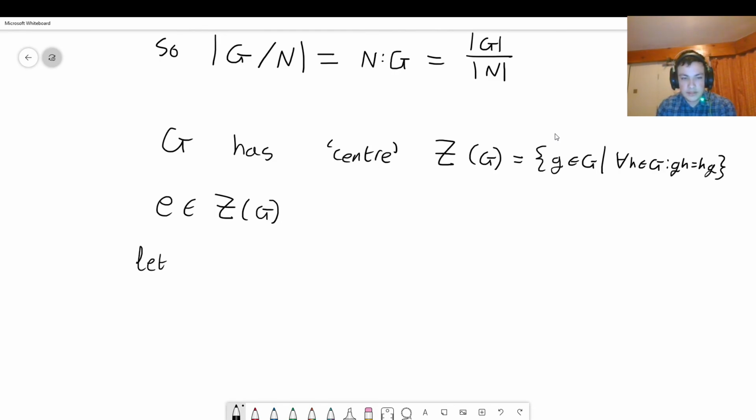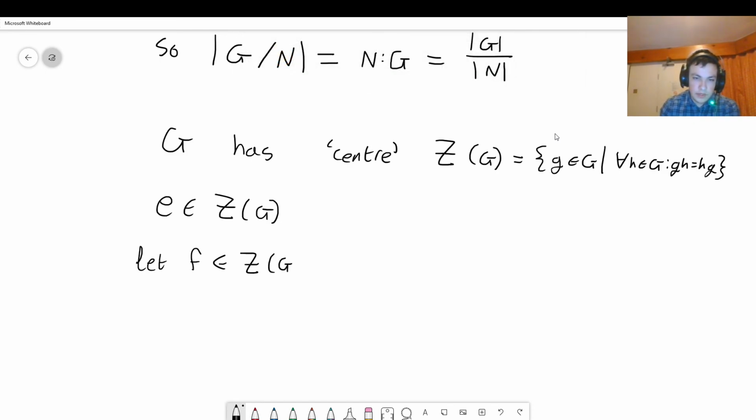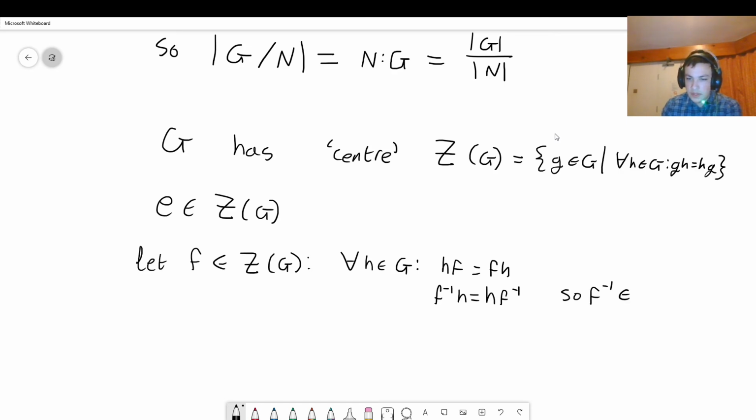So if we let f be in Z(G), then for all h in G, we have that hf equals fh. If we now pre and post multiply by f inverse, we find that f inverse h is h f inverse. So f inverse is in the center.